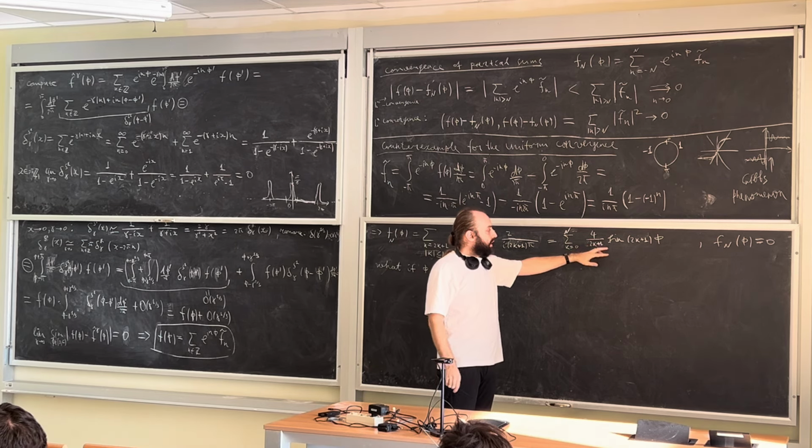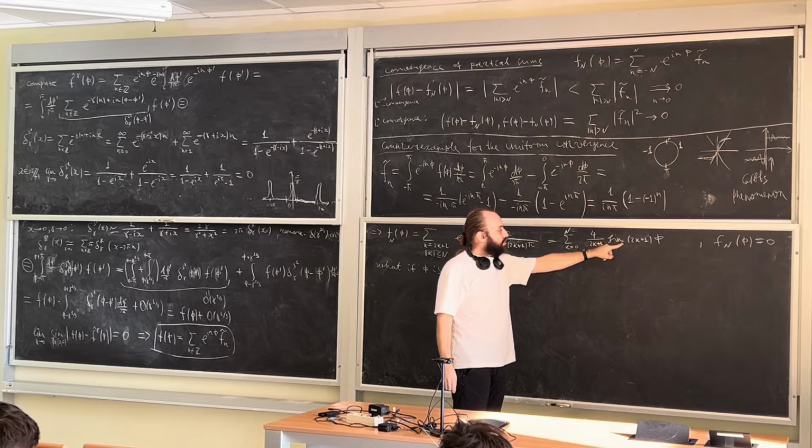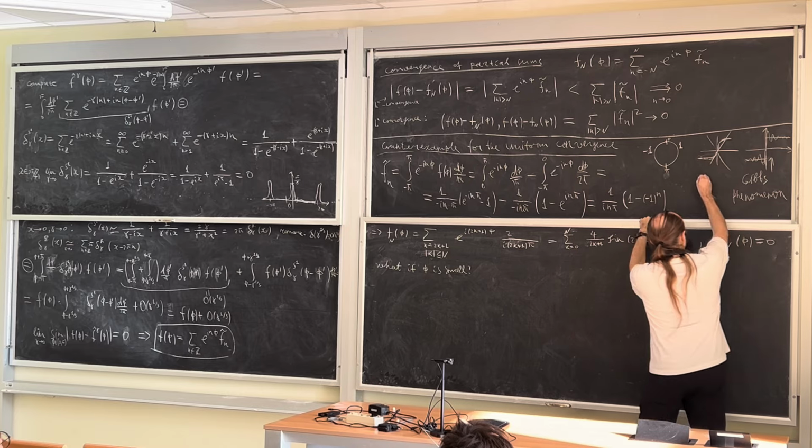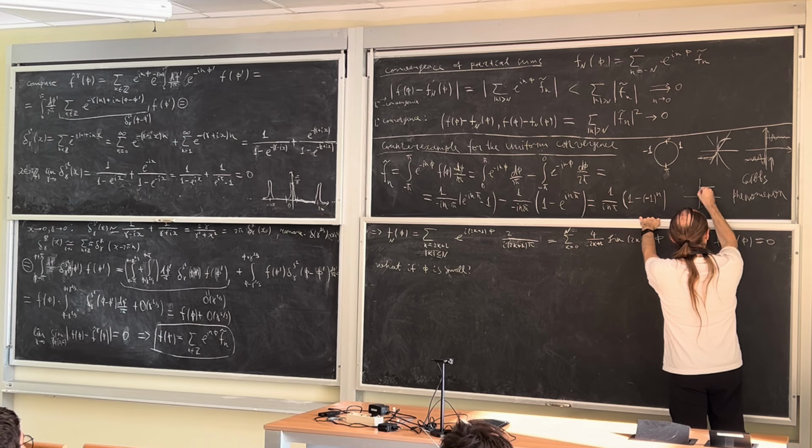We want to study small positive and small negative phi, because our original function behaved like this.